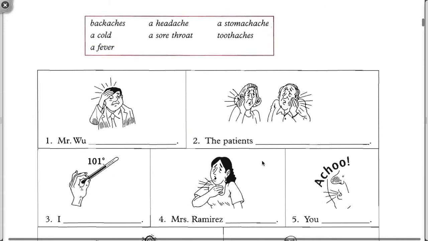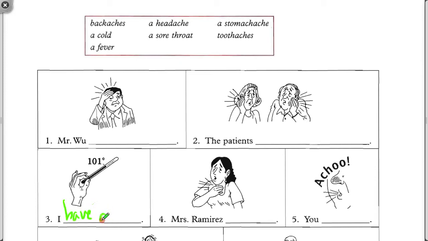I have what? Must be a fever, right? Mrs. Ramirez has, because it's one, maybe sore throat. And you have what? Maybe a cold.